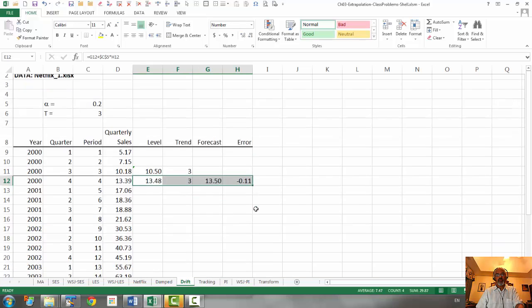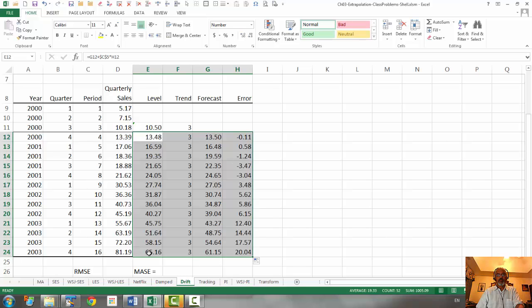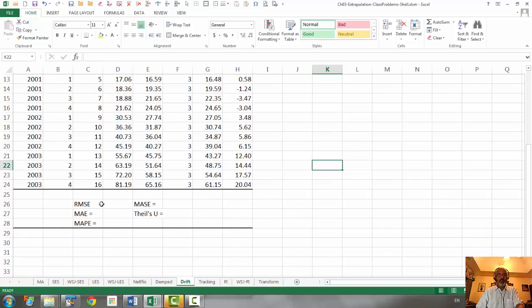So we copy these. Okay, put the border back. And then you set up the error measures exactly like what we have done so many times in the past.